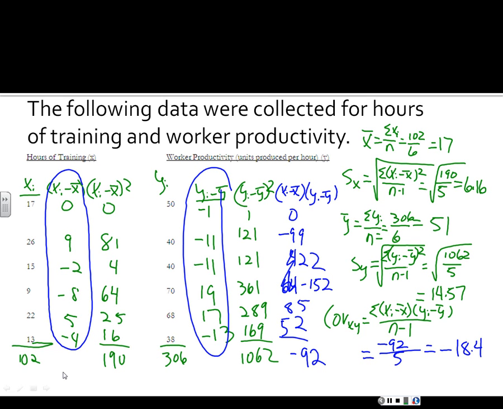I'm going to go ahead and get the correlation here. The correlation is equal to the covariance of x and y divided by the product of the two standard deviations. It's minus 18.4 divided by the product of 6.16 and 14.57.